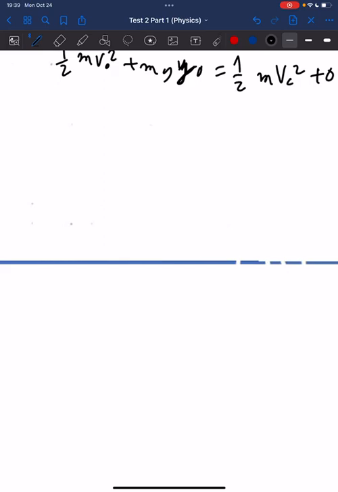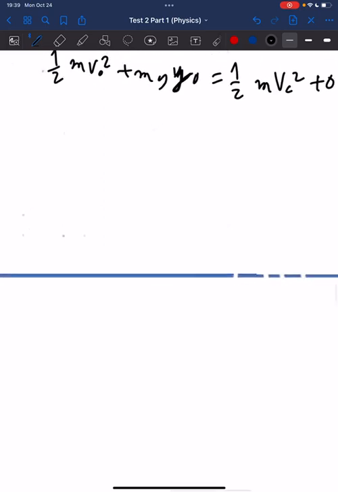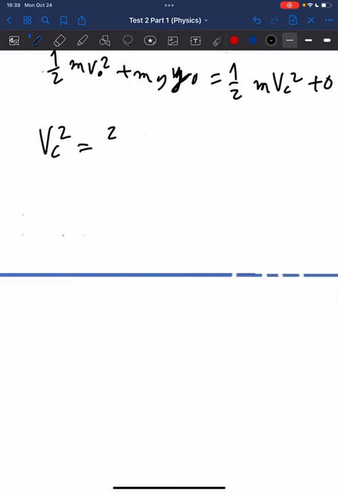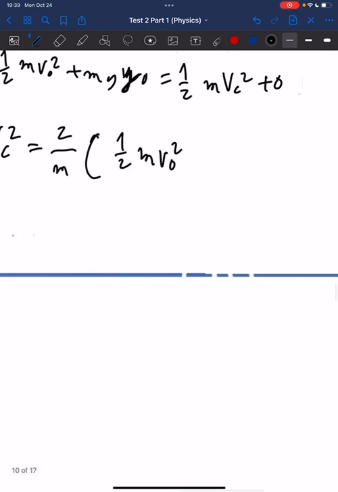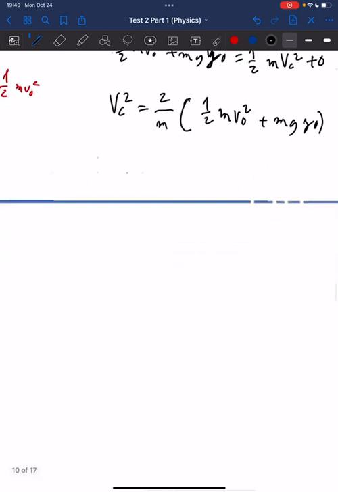So we're going to simplify as best as we can. It will be 2m times 1/2 m of the initial velocity, and the y initial. In other words, it will be simplified as this.